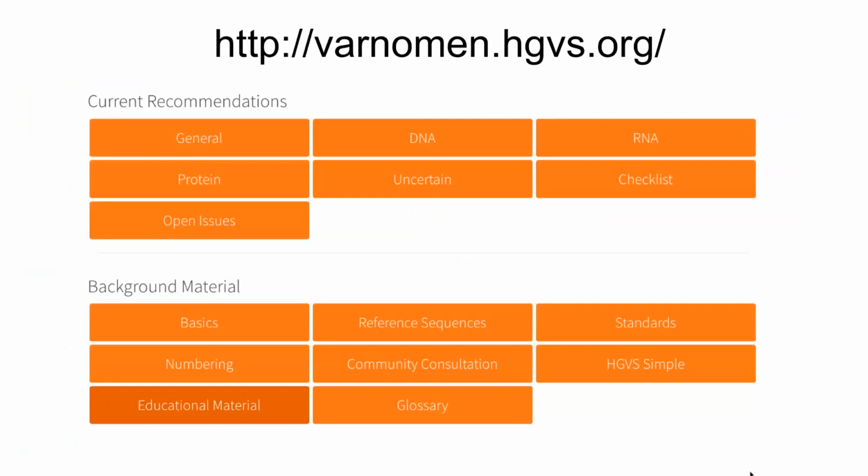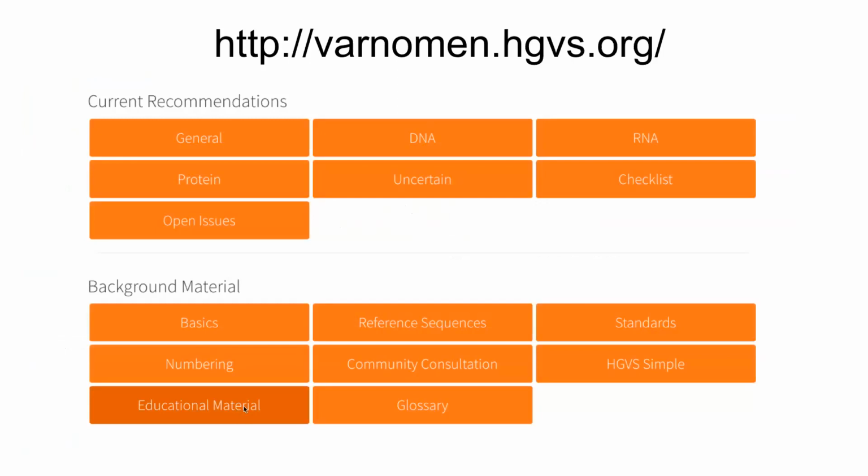So it's really helpful. Additionally, I noticed in the educational materials button on the website, they have Johan den Dunnen, who runs HGVS, has a PDF PowerPoint that goes through a lot of the basics of HGVS as well. So that's a helpful tool in case anyone's looking for additional information.